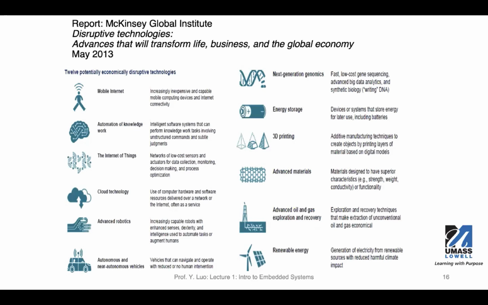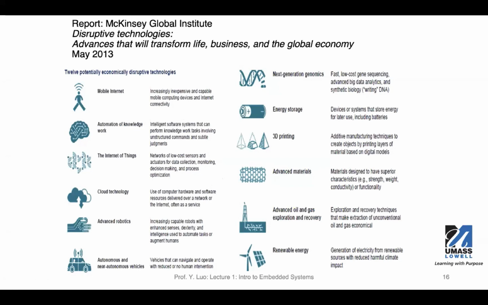For example, mobile internet, where you can access a browser or emails on your cell phone. And here, Internet of Things, cloud, advanced robotics, advanced oil and gas, 3D printing, advanced materials, all these. And even this list was given 7 years ago.